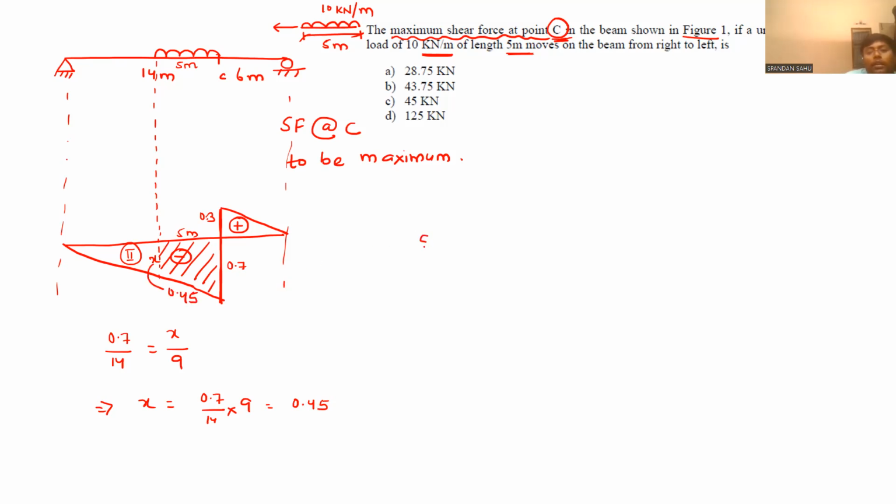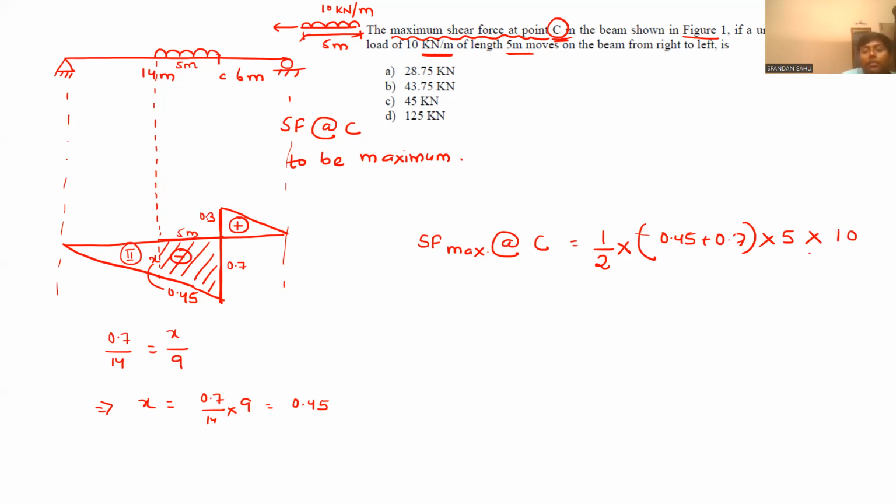Now we can write shear force max at C will be equal to, just calculate the area. It is a trapezium, so half into the sum of parallel sides. So x means 0.45 plus 0.7, into the height. Height is this 5 meter, into what was the magnitude? 10 kilonewton.